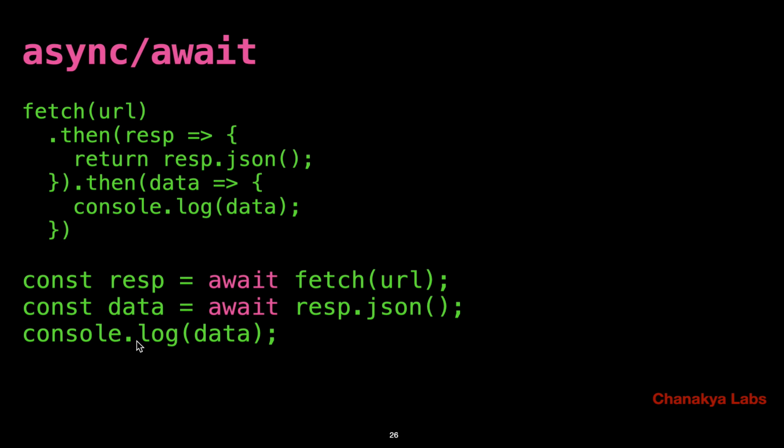This is a modern syntax of JavaScript, and we are going to use this only. In fact, nowadays most people are using this syntax only. But still you should know the older syntax, because actually this is the native way in which everything is working. So this is also working internally like this only.